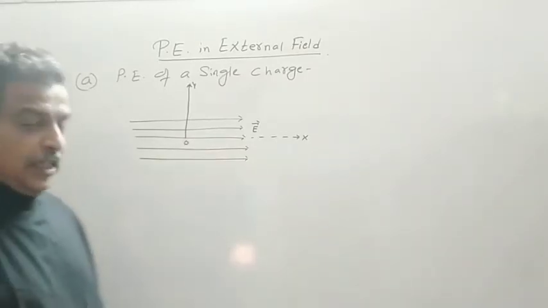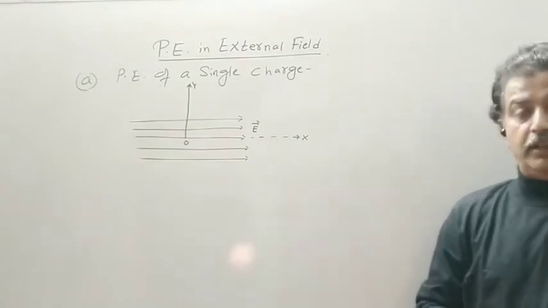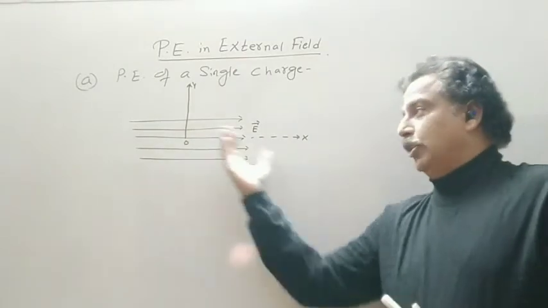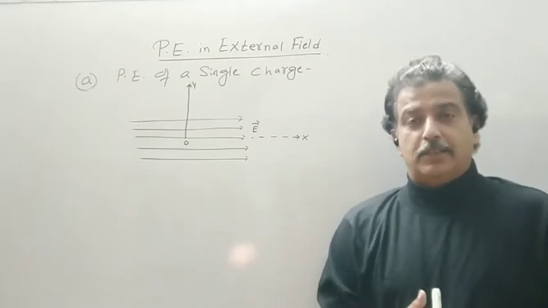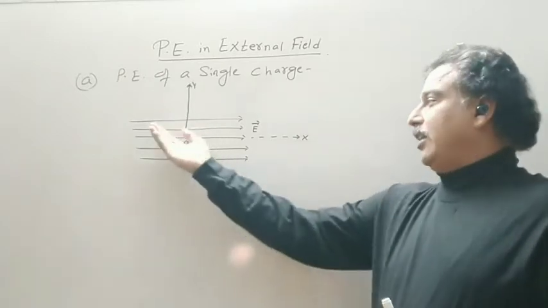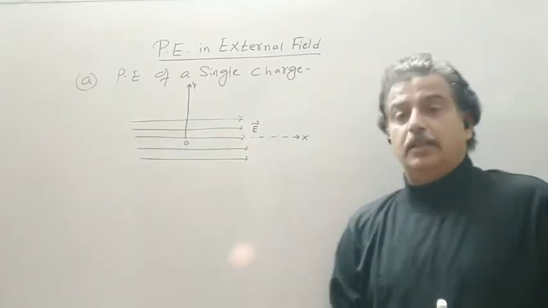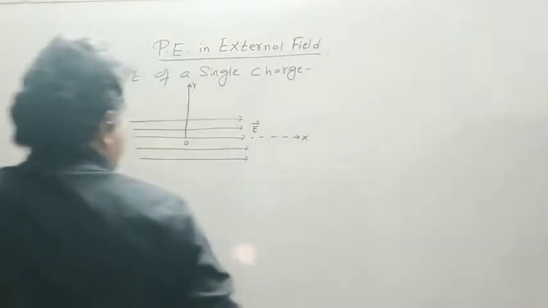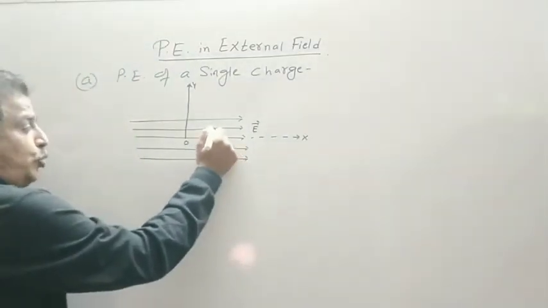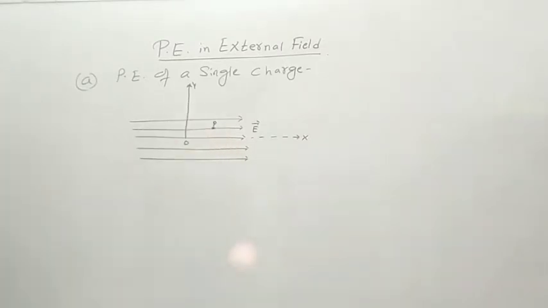So a uniform external electric field is taken along the x-axis. The field already exists in the system. Now we have to bring a charge Q and place it at a point P.